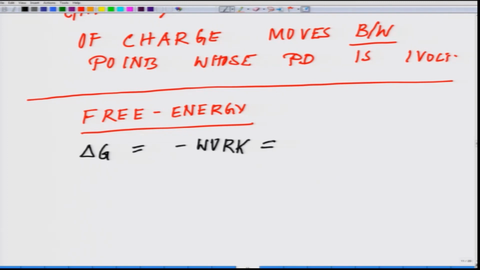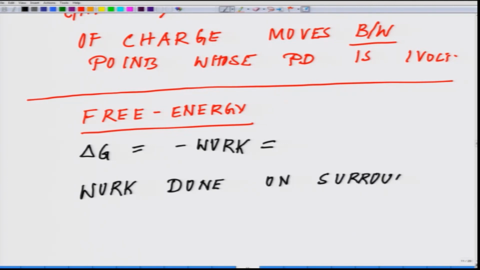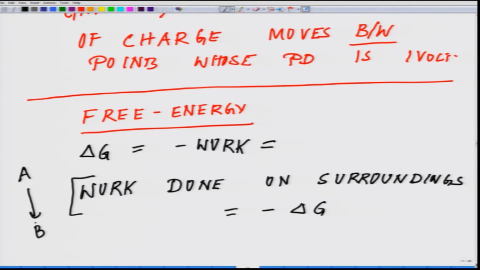In other words, work done on surroundings is equal to minus delta G. This is when we talked about A to B: this is the work done on the surroundings, and we represented it as minus G. The negative sign in the equation indicates that the free energy of a system decreases when the work is done on the surroundings.